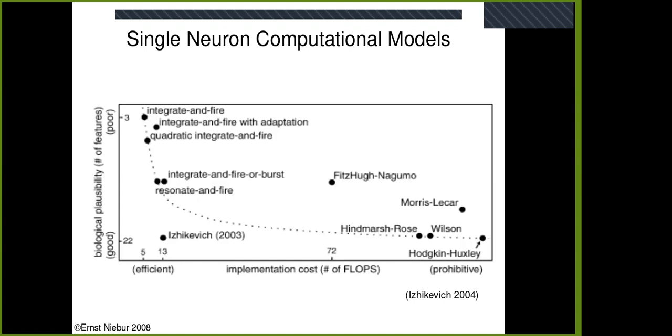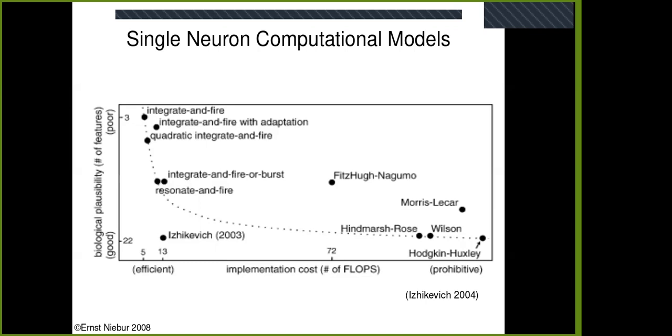The two axes here: one, on the abscissa, the x-axis, is the cost of implementation, how expensive it is, and the other, on the ordinate, the y-axis, is the level of biological plausibility. On the next slide, I'll show you how both of them are defined.